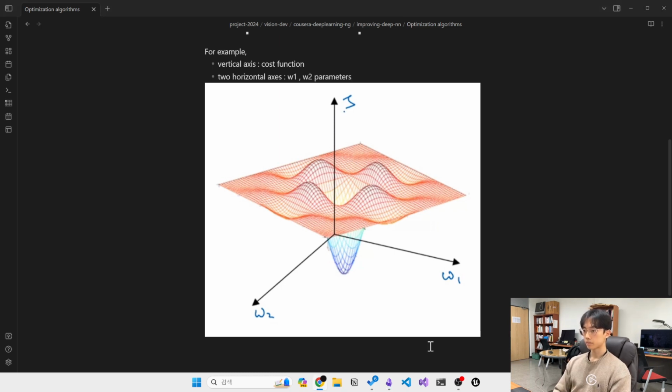So in this picture, it looks like there are a lot of local optima, in all those places, and it'd be easy for gradient descent or one of the other algorithms to get stuck on a local optimum rather than find its way to a global optimum.